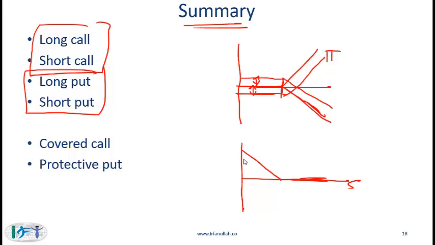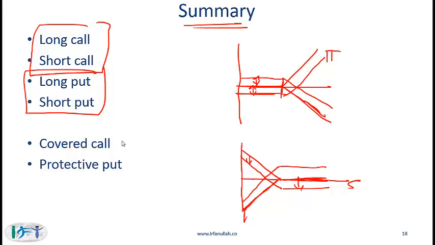The profit diagram for the long put looks like this, where we subtract the amount that is paid for the put option. This is the payoff for the short put, and the profit diagram would look like this, where we add the amount that is received for the put option.